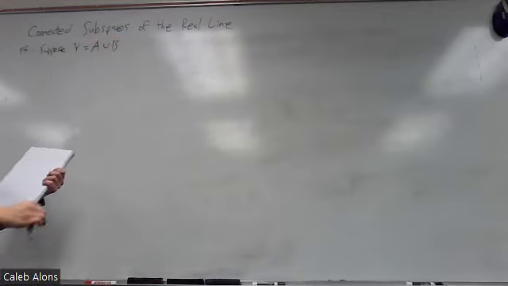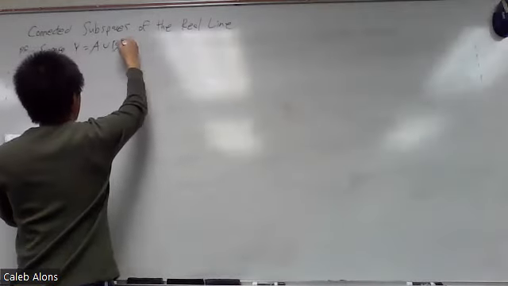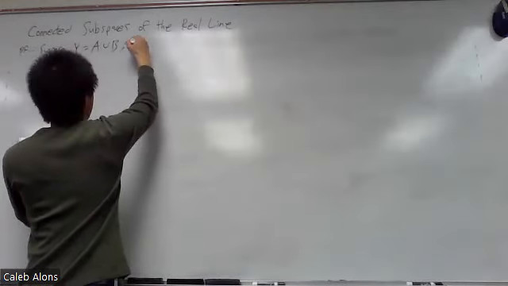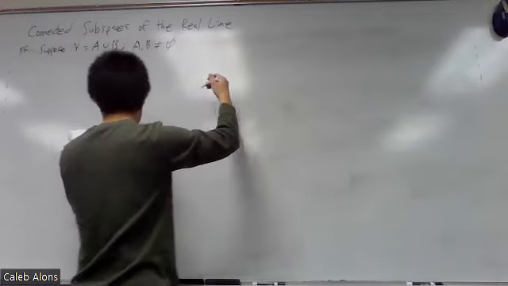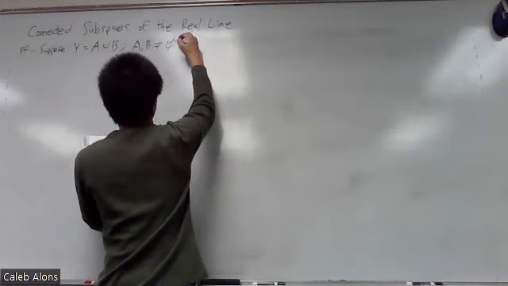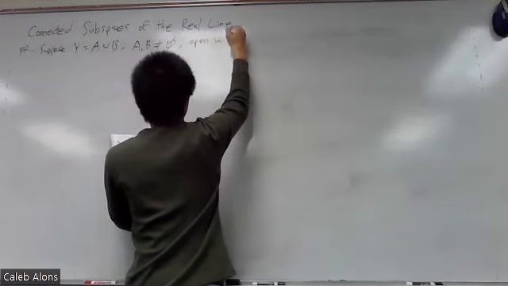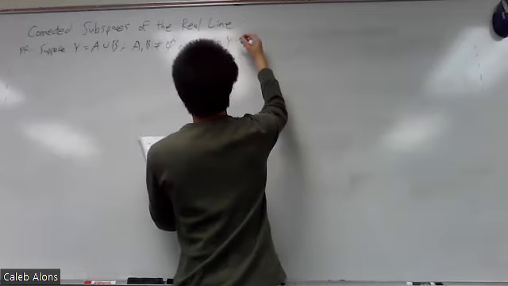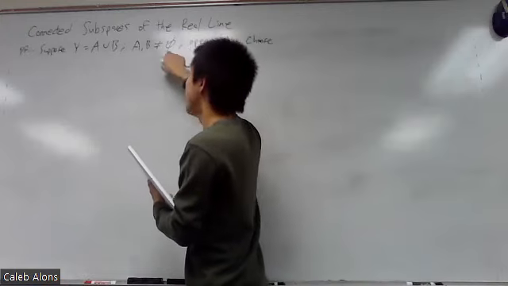So A and B are going to, we're claiming that this is going to separate Y. And of course, A and B are not allowed to be empty if it's a true separation. And they also have to be open in Y. So what we're going to do is we're going to choose the point. So we're guaranteeing that they're not empty.